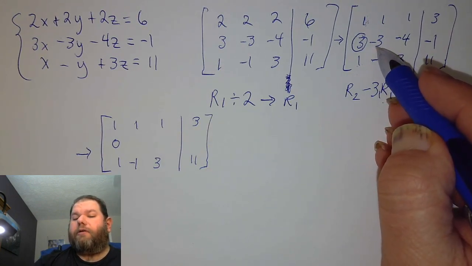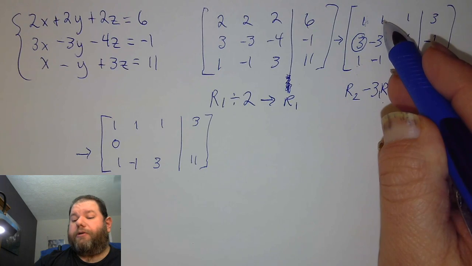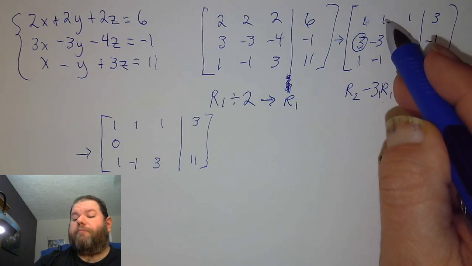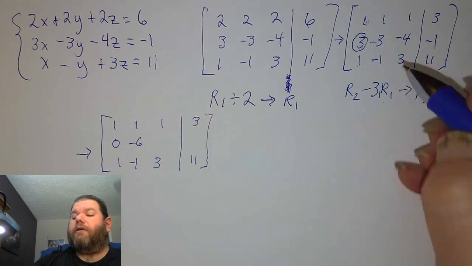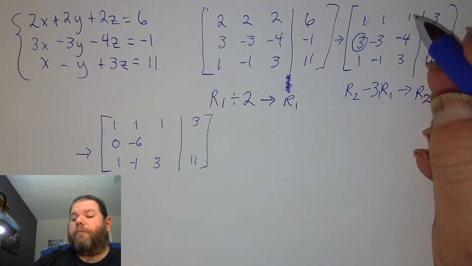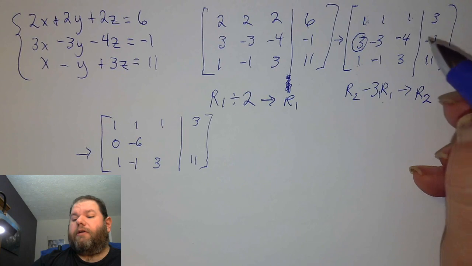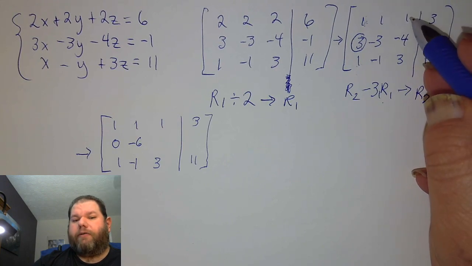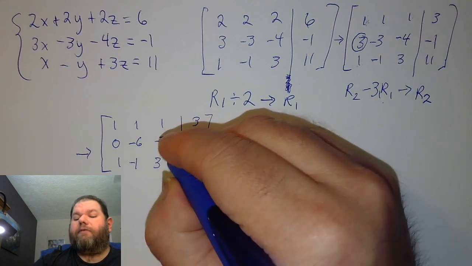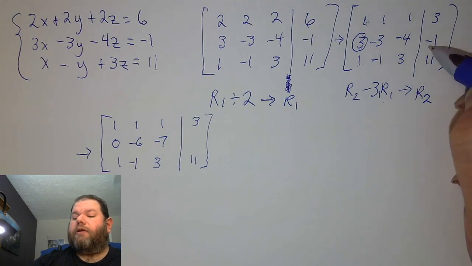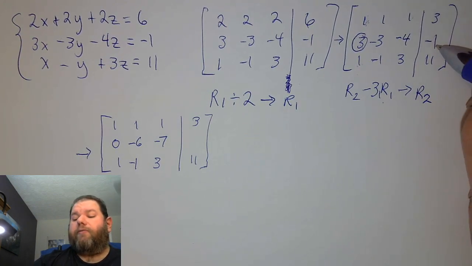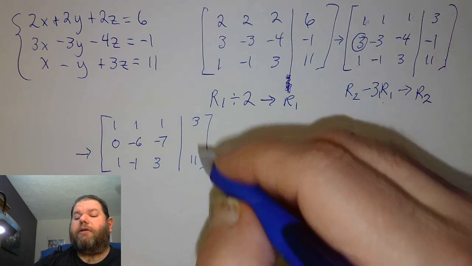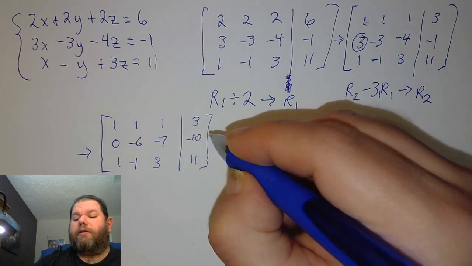Negative 3 minus 3 times 1, negative 3 minus 3, negative 6. Negative 4 minus 3 times 1, negative 4 minus 3, negative 7. And negative 1 minus 3 times 3, negative 1 minus 9, negative 10.